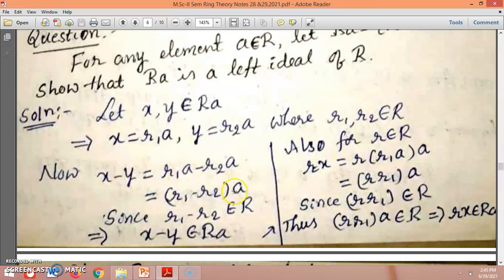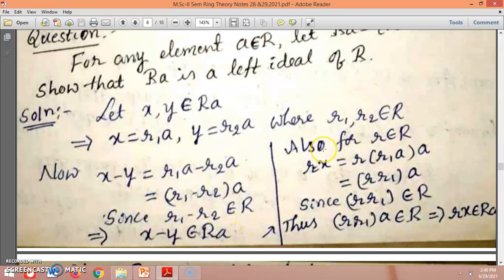Here a is a common term, so we can keep it on the right. Since r1 and r2 belong to R, r1 minus r2 is also a member of R. So x minus y is also a member of Ra, and definitely Ra is closed under addition.